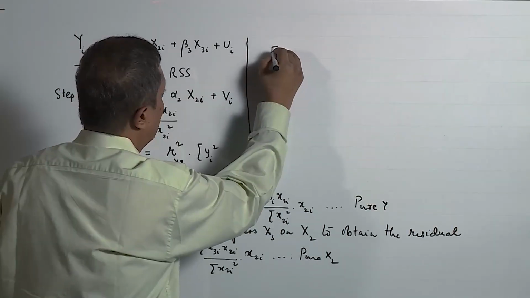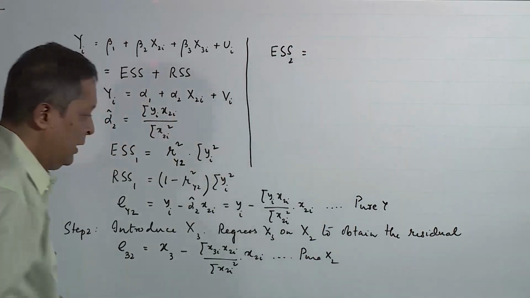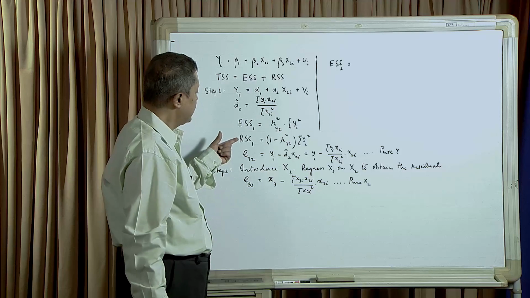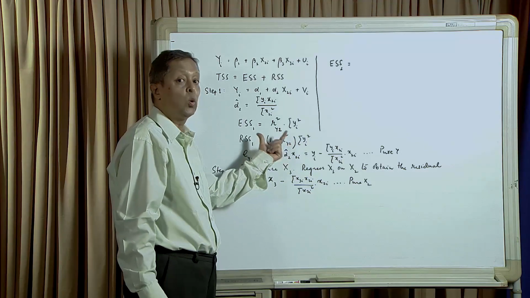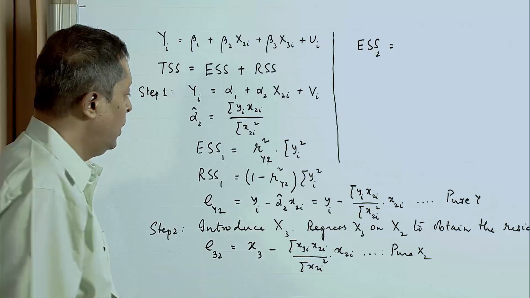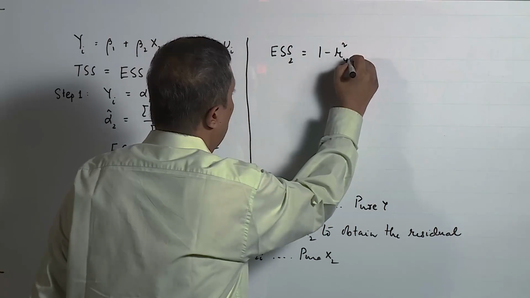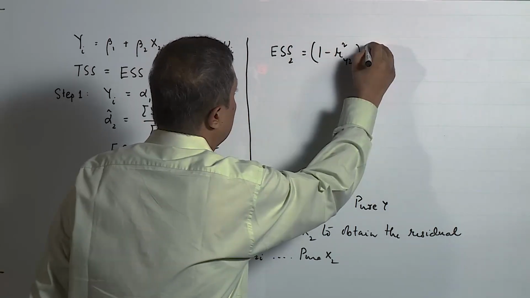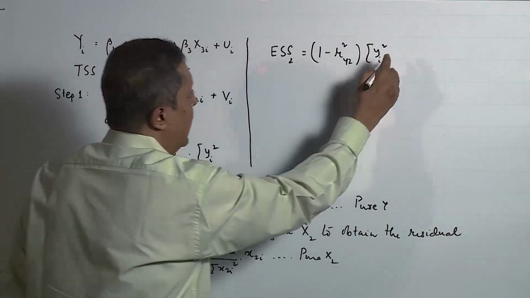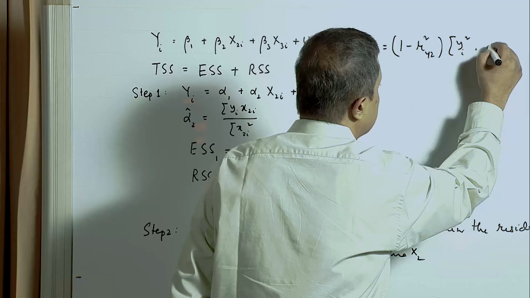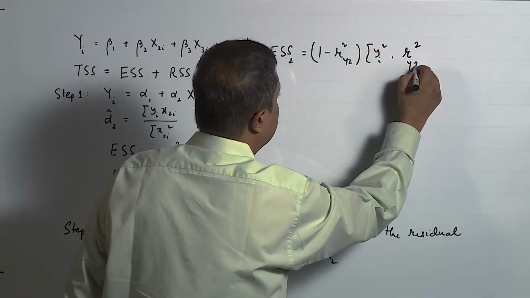In step 2, what we obtain is the explained sum of squares in step 2. Please see that in step 1 the residual sum of squares becomes the total sum of squares in step 2. So, this is 1 minus r square y2 times summation y_i square, that is the total sum of squares, and the explained part of it is r square y3.2.